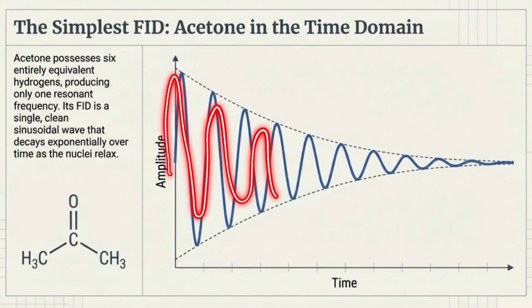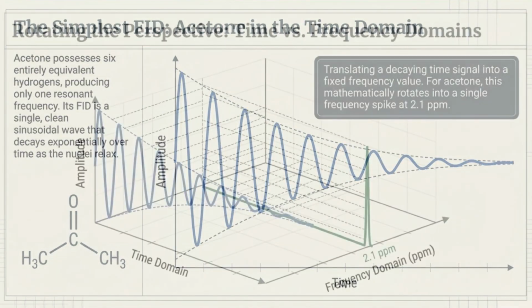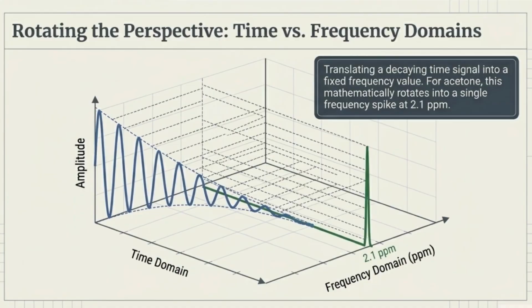Initially it is very strong, then with the passing of time this signal decays, and this is called the FID signal. So this FID signal is in the time domain, as it decays with the passage of time. However, we apply a mathematical operation called Fourier Transform, and this time domain signal is converted into a frequency domain signal, and we get a frequency of 2.1 ppm.